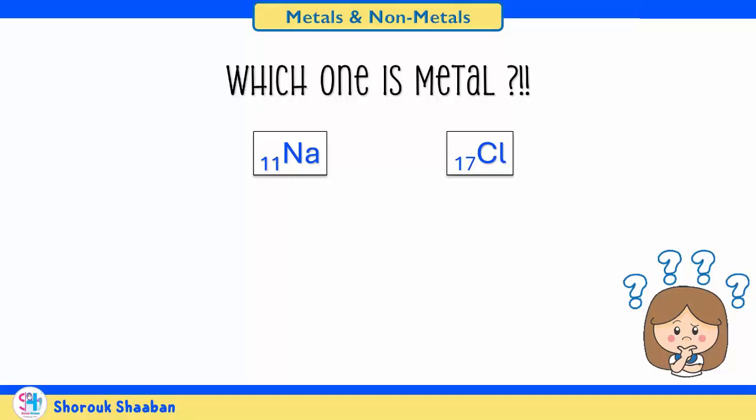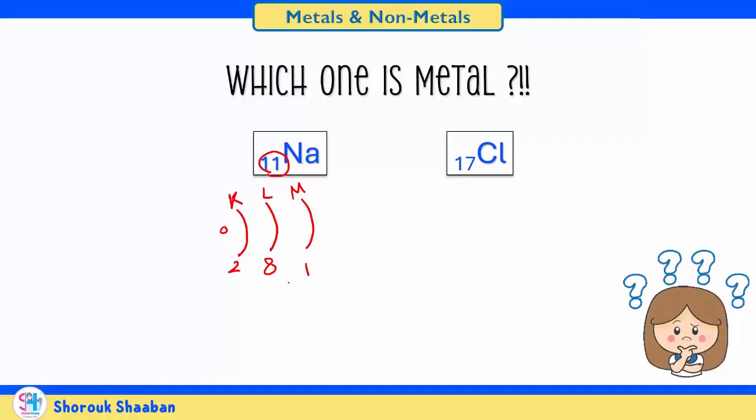So for example, I want to know the type of sodium element. First I have to draw the electronic configuration by the number of electrons. First level K will take 2 electrons. Second level, 8 electrons. Still have 1. So third level takes 1 electron.